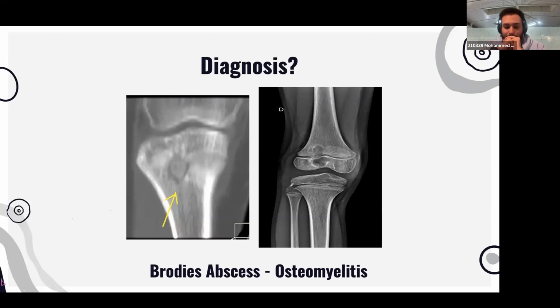So I would remember what Brodie's abscess is. It's basically an abscess collection that can happen because of osteomyelitis. That's pretty much the basics of it. You don't need to go into more detail with this.